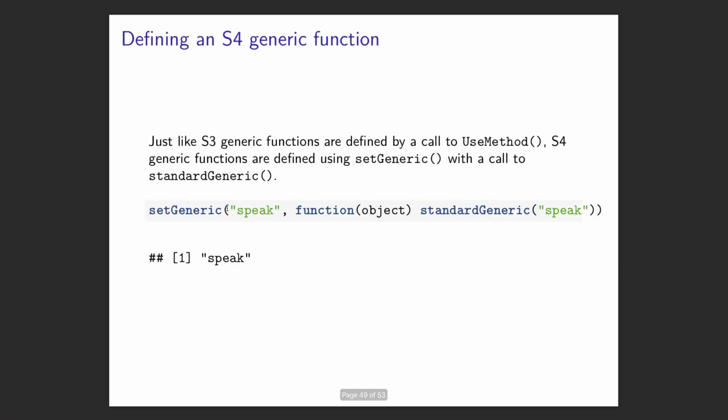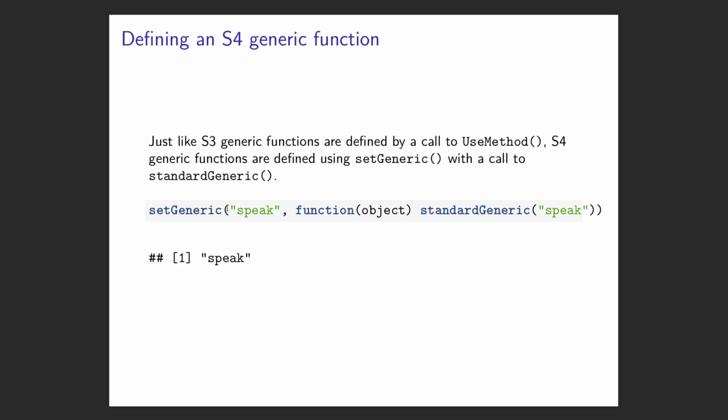So now suppose we want to create a new S4 generic function. We want to create an S4 version of our speak generic function. So for an S4 generic function, the way we do that is with a call to setGeneric. We just give it first the name of the generic function we want to create, and then a function that will actually be called.